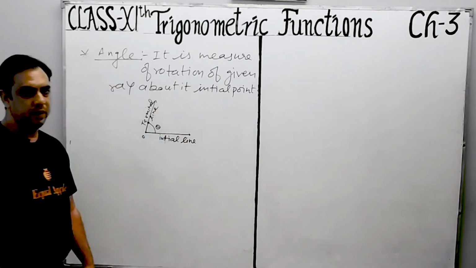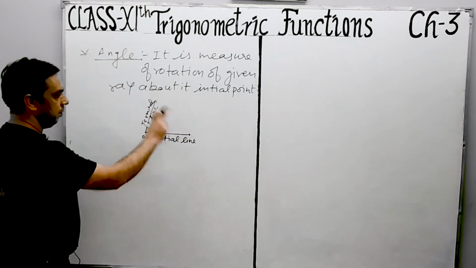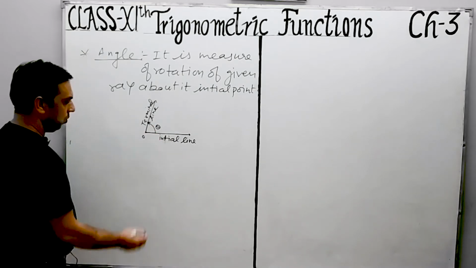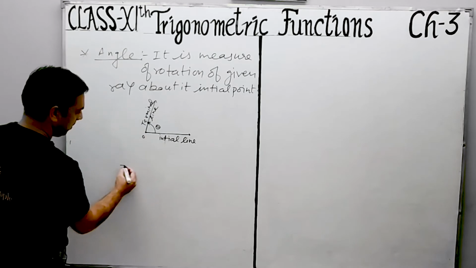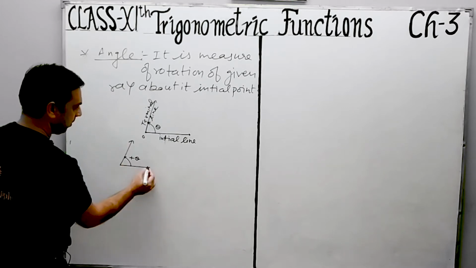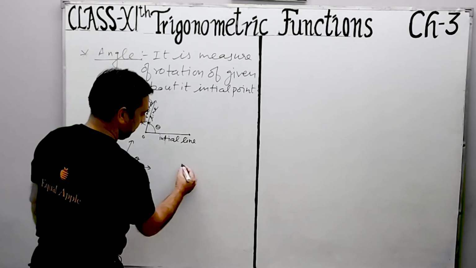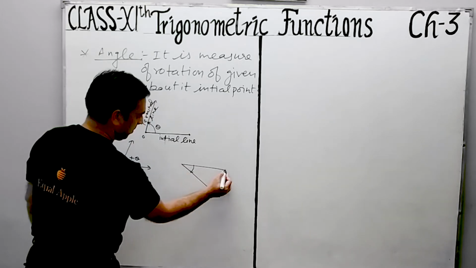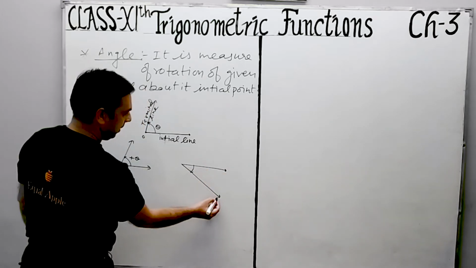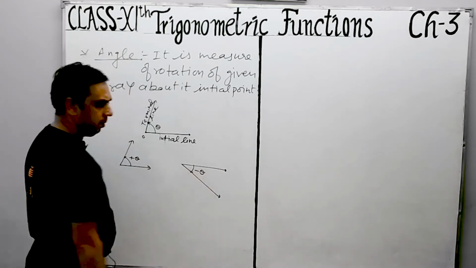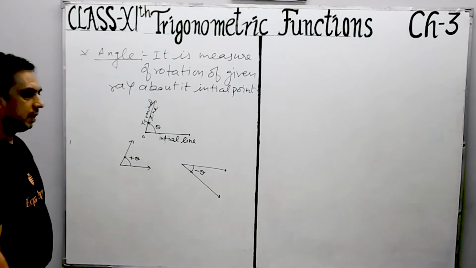So here we can see this ray will make an angle. Here we need to know, if this rotation is anti-clockwise, then the angle will be positive theta. If the rotation is clockwise with this initial line and terminal line, the angle will be minus theta, right?